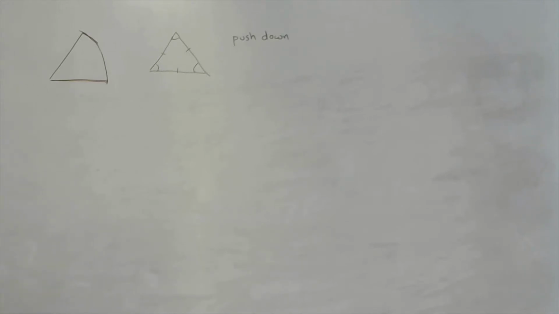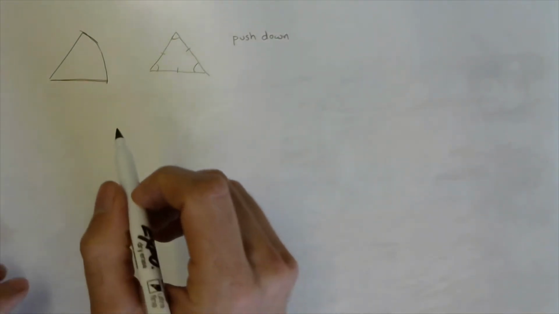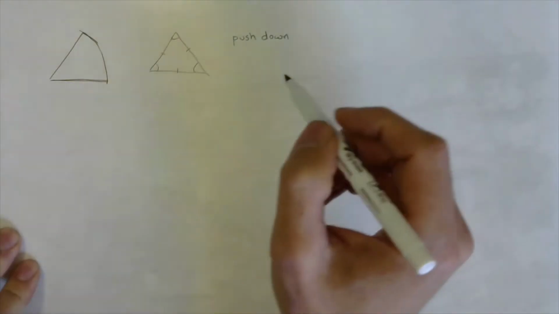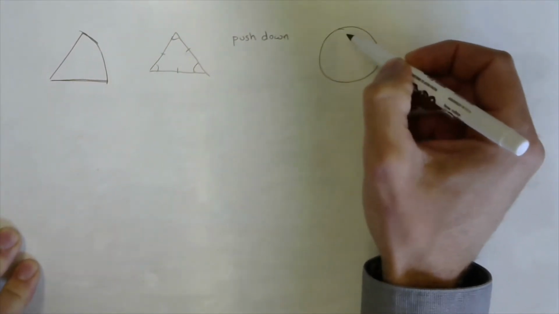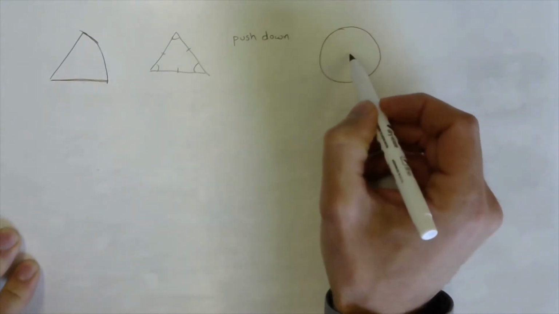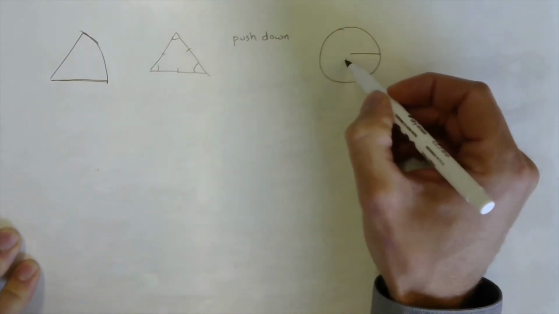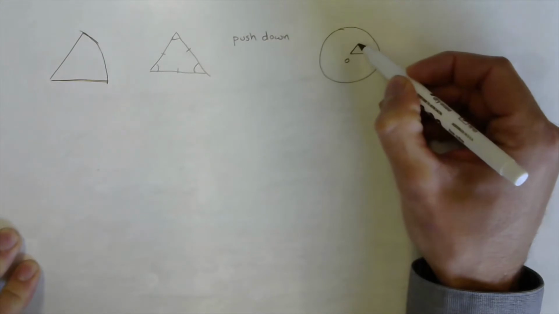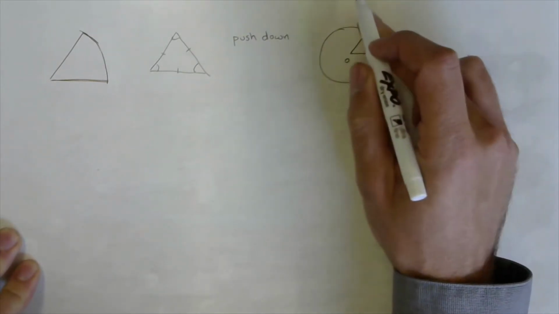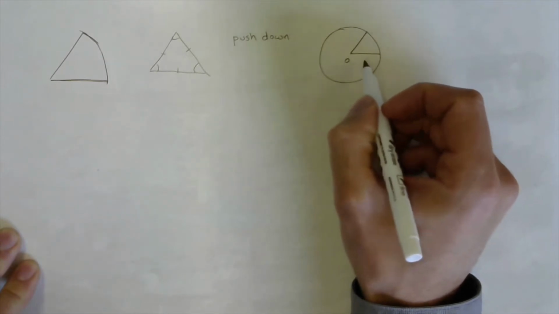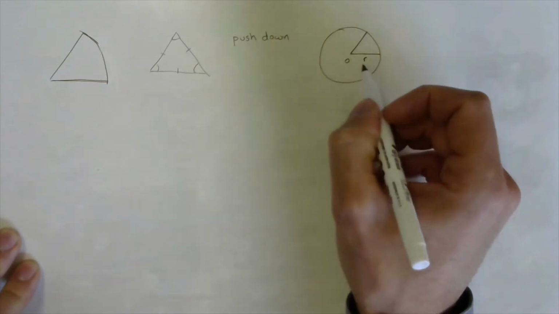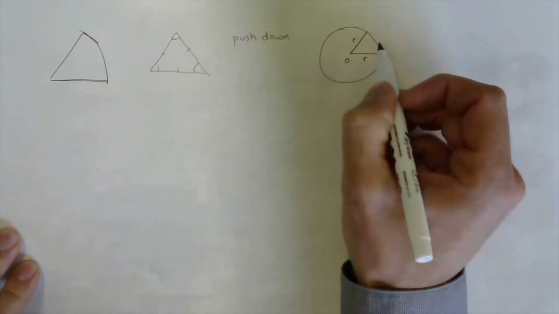So what you end up with, in the diagram on the right, is a circle with an angle drawn from the origin, O, and your initial arm is along the horizontal axis. It has a length of r, because it's a radius, and your terminal arm also has a length of r.